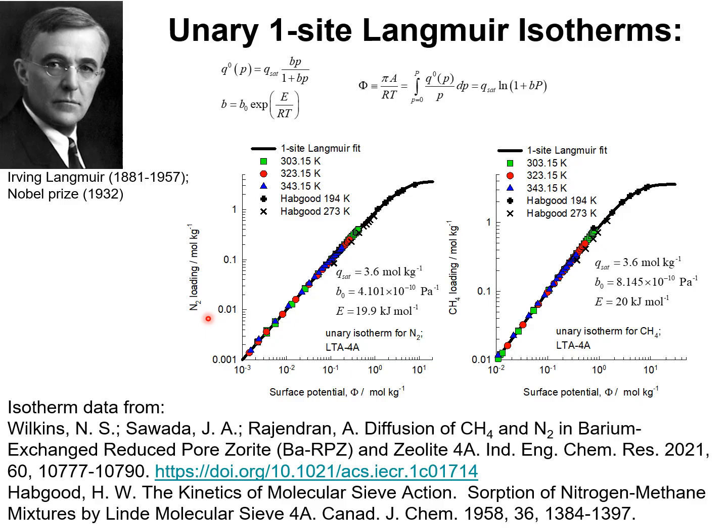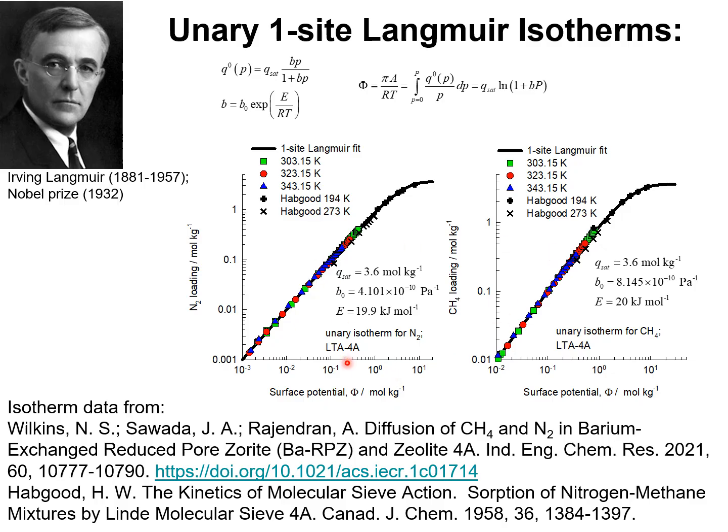For both nitrogen and methane, the saturation capacity is 3.6 moles per kilogram, and this is advantageous because the mixture adsorption equilibrium can be described precisely using the mixed gas Langmuir model, as we shall see in the next slide.